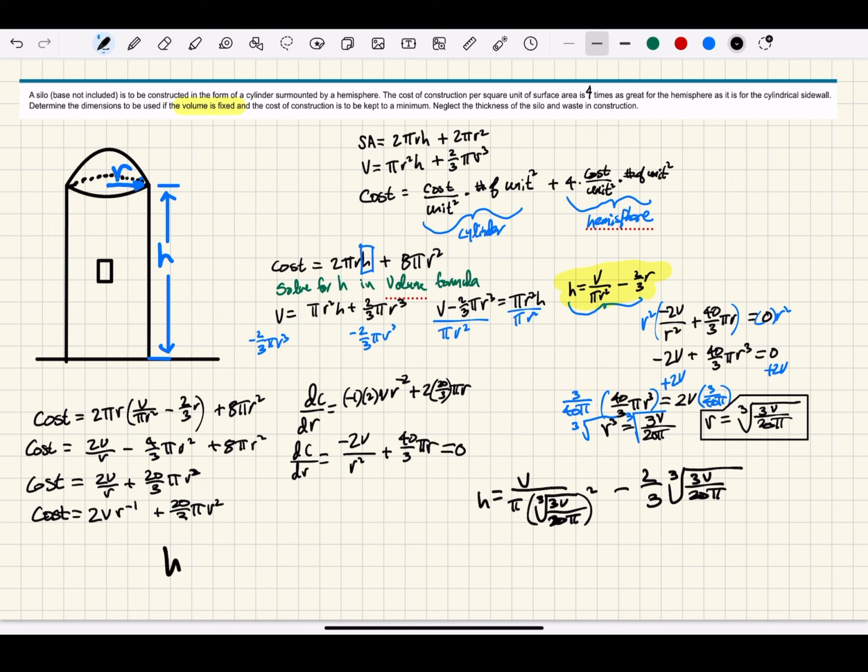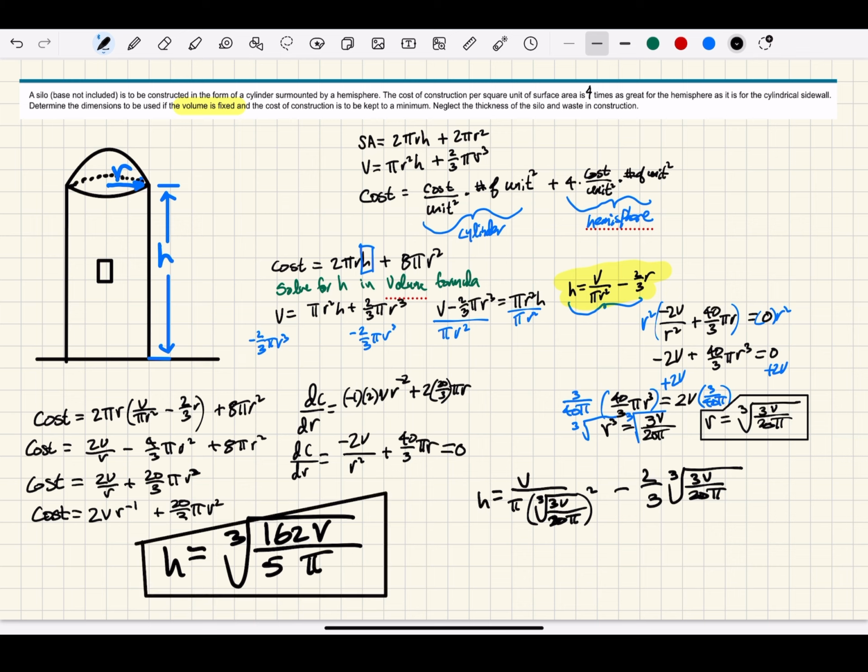This will simplify to h equal to the cube root of 162V over 5 pi. So now we have an expression for the height and an expression for the radius.